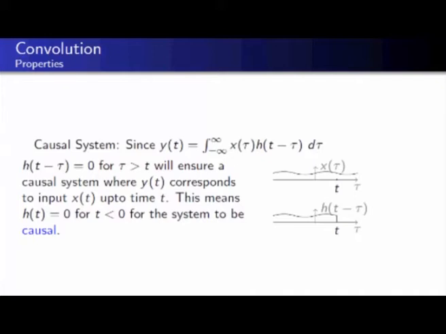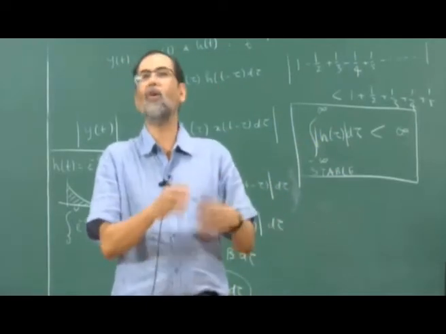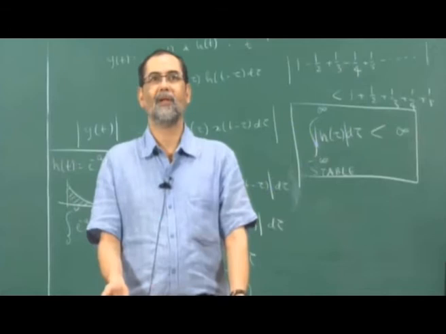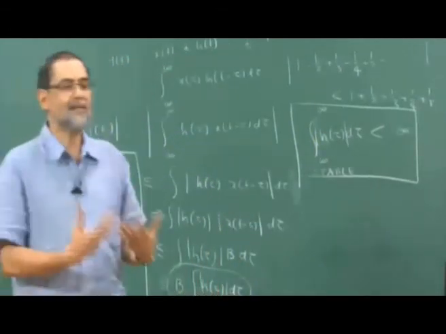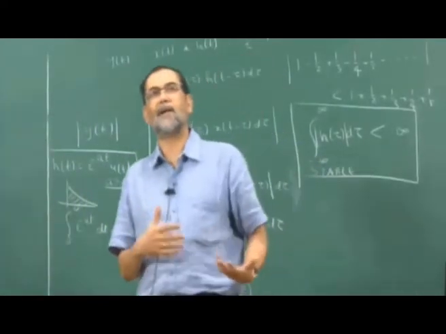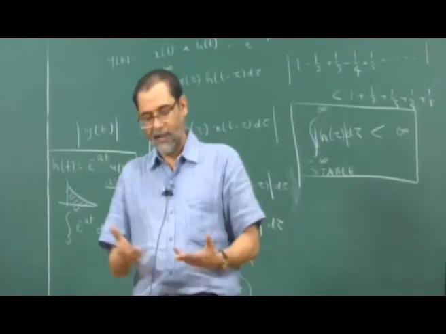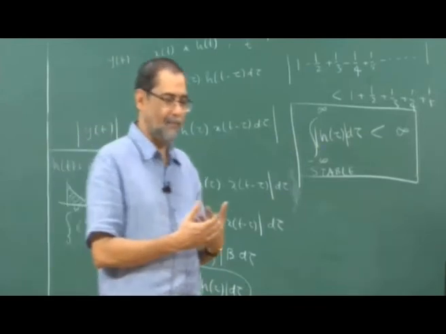We define causality to mean a system where the output at a given point in time depends on the present input and the past input, not on the future inputs. So any system where the output depends only on the present and the past inputs is a causal system. It's like many physical systems.